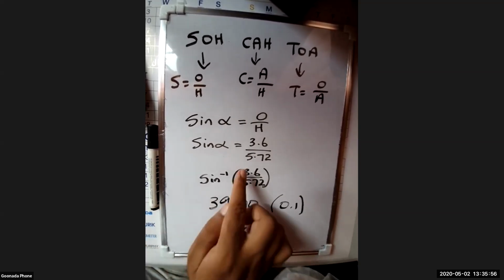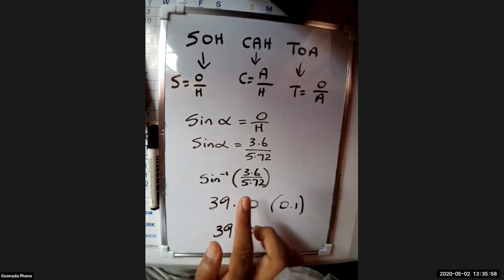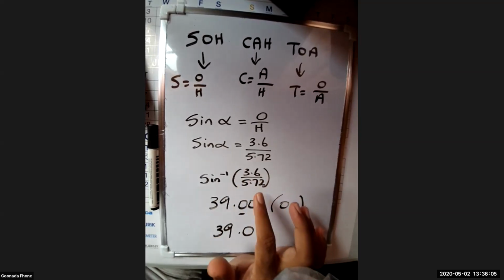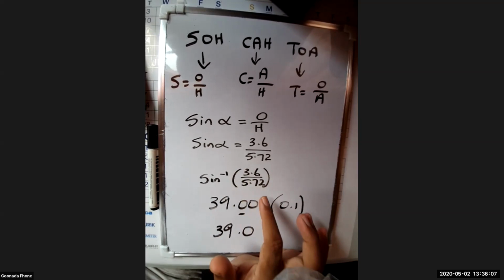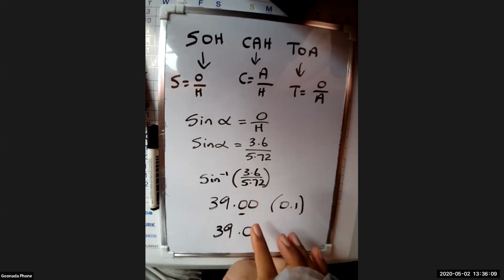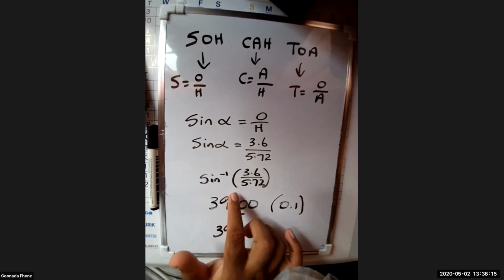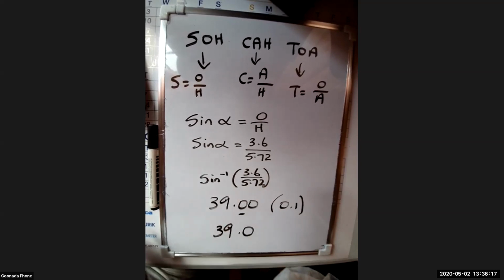Right, and then you open a bracket, 3.6, press divided, 5.72 and close bracket. Did you open a bracket here? Yeah, I did. Okay, and you still get a different answer? Yeah. I have no idea what's going on.